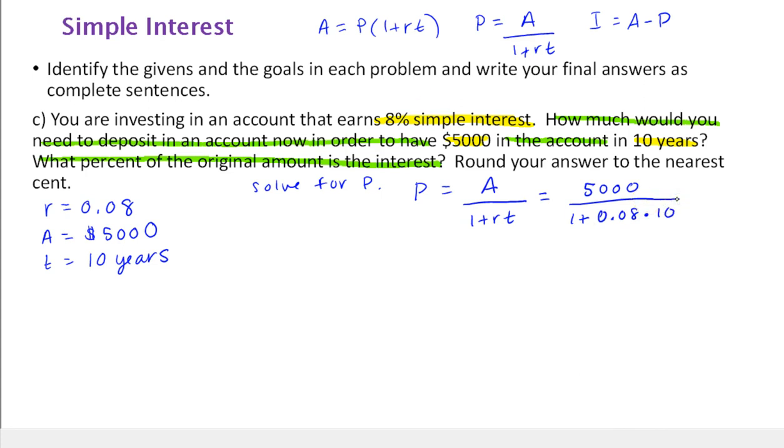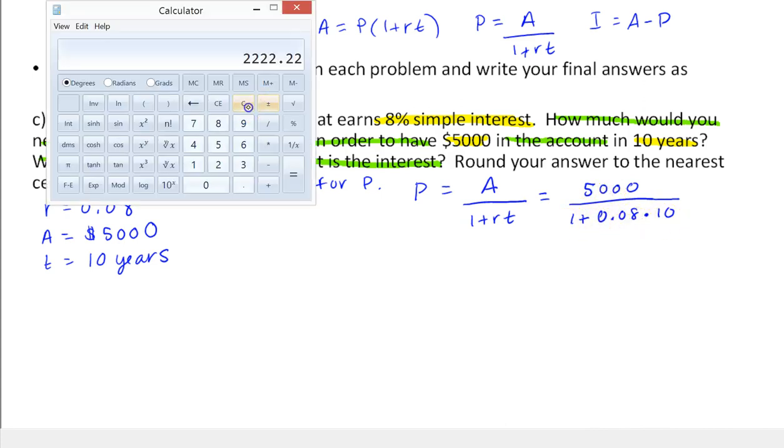Okay. Now we're going to compute this on the calculator, but you want to be a little bit careful. Okay. So notice we're dividing 5,000 by this entire result. Okay, and if we just put 5,000 divided by this expression, the calculator wouldn't compute it correctly. So we need to make sure that we put this expression in parentheses so it will divide $5,000 by this result.